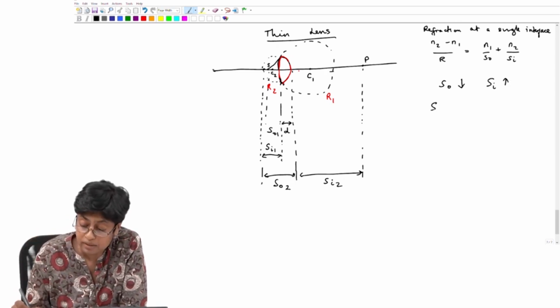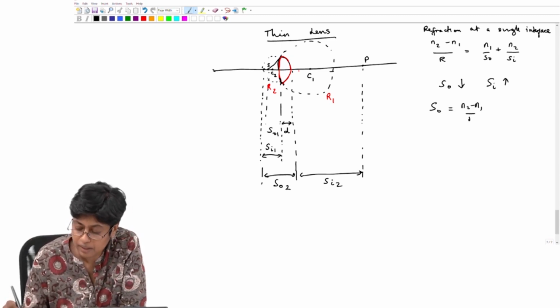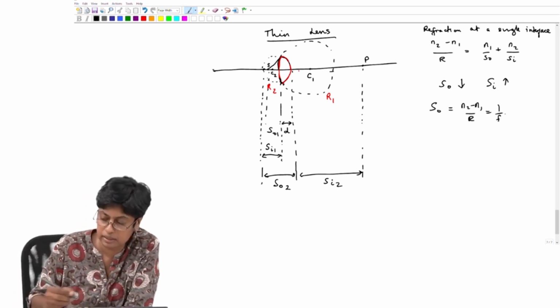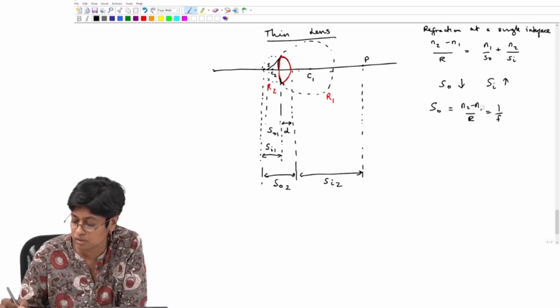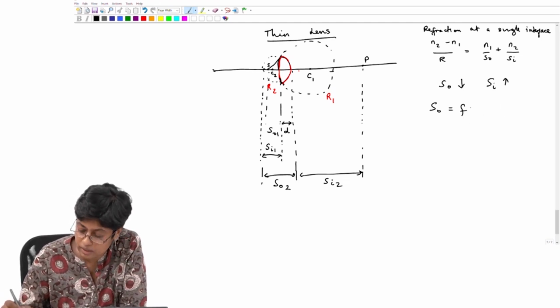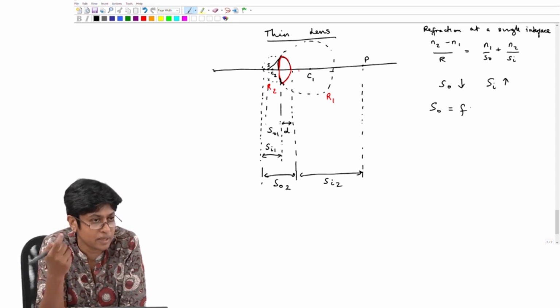At some point, S0 will equal N2 minus N1 by R. In other words, sorry, S0 is equal to F. At some point, I can make S0 equal to F. What does that mean for SI? Where does the image happen if S0 is equal to F?